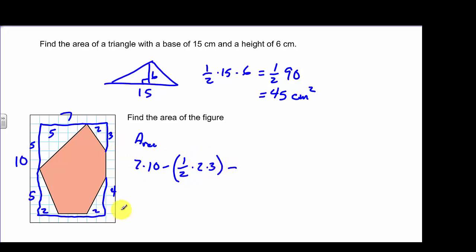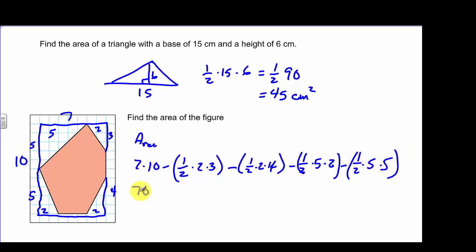I'm going to subtract out this bottom one, which is half of 2 times 4. Going to subtract out this one right here, which is half of 5 times 2. And finally, this last one here, subtracting out half of 5 times 5.